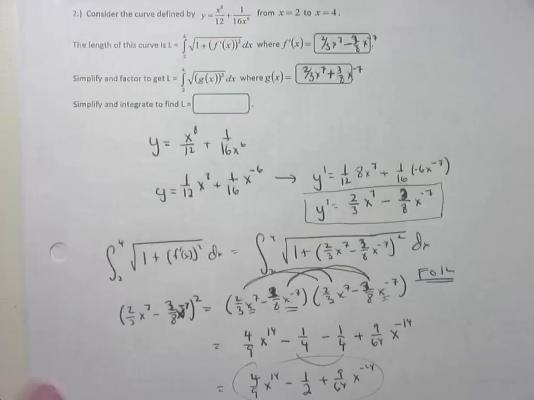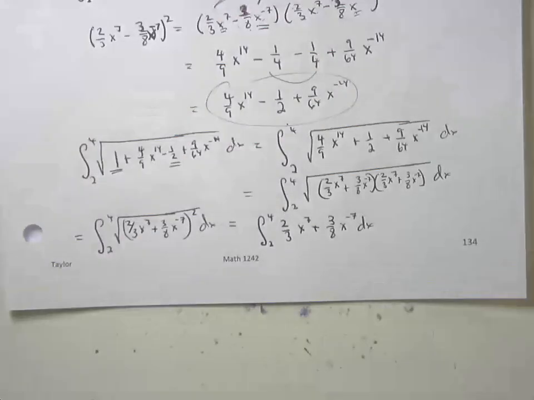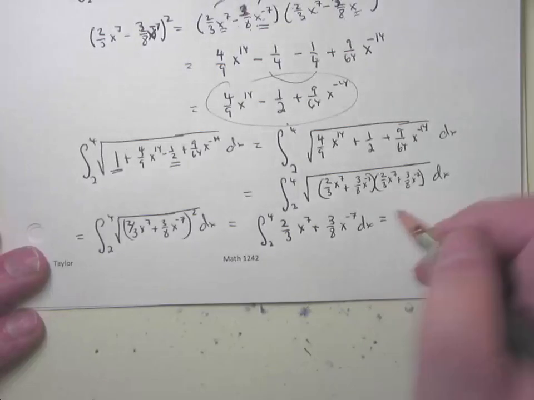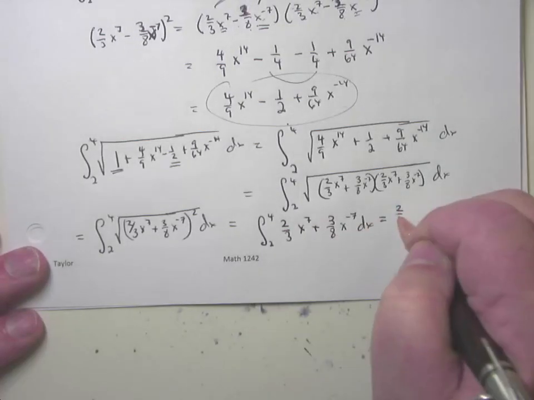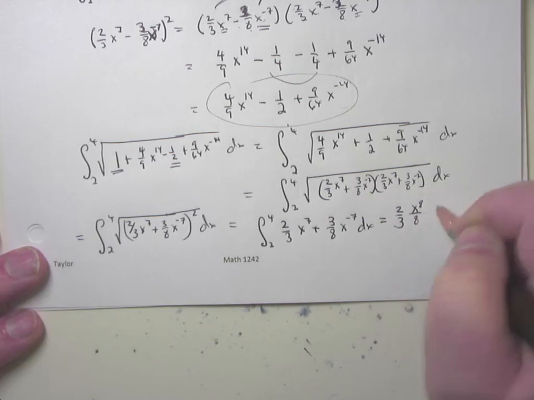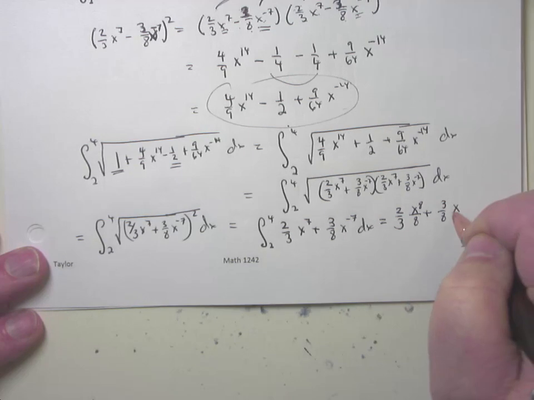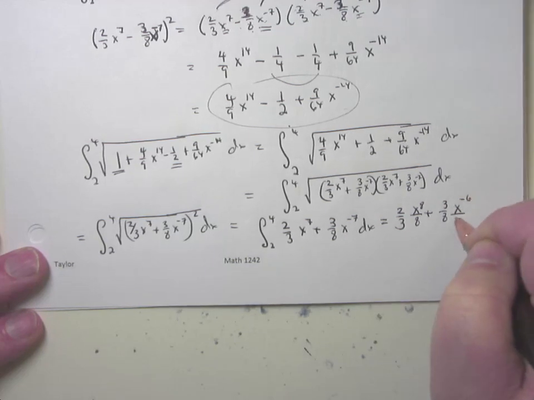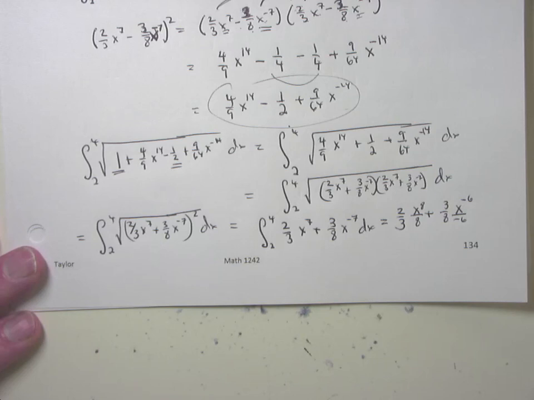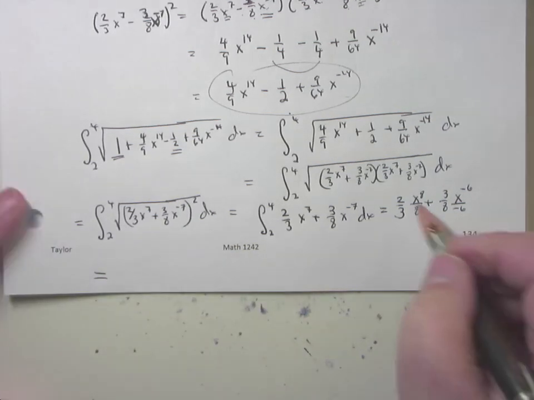But now the last thing you're supposed to do is actually figure out what the arc length is. So we need to integrate this guy. So this is equal to, now 2/3 is a constant. Integral x to the 7th is x to the 8th over 8 plus 3/8 integral x to the negative 7, add 1 will be x to the negative 6 over negative 6. So cleaning that up down here at the bottom of the page, let's see, 2 goes in 8.